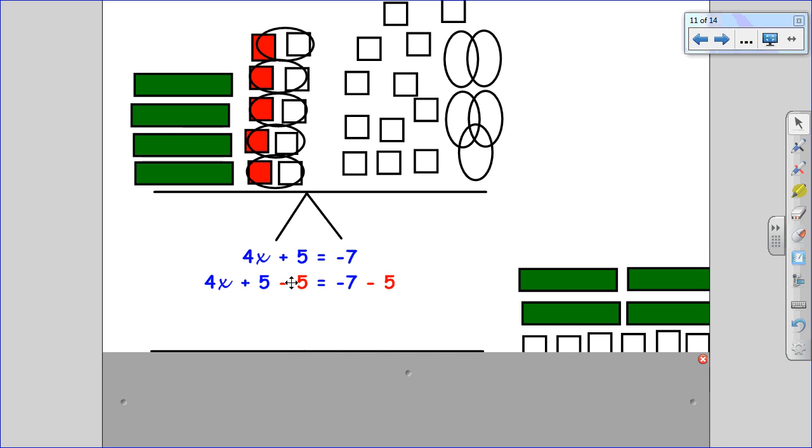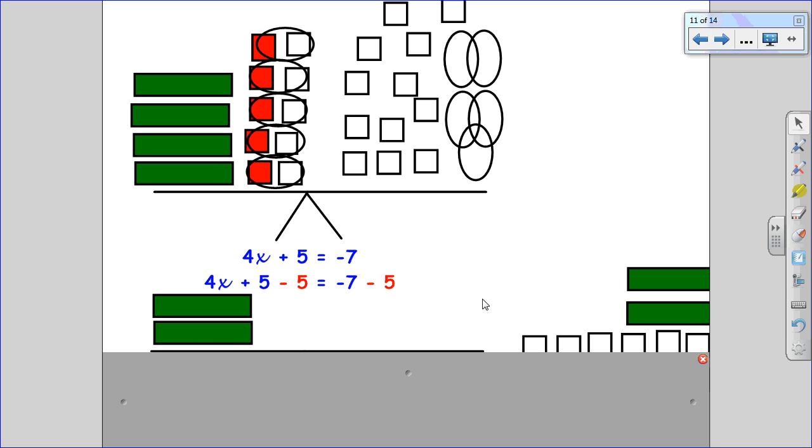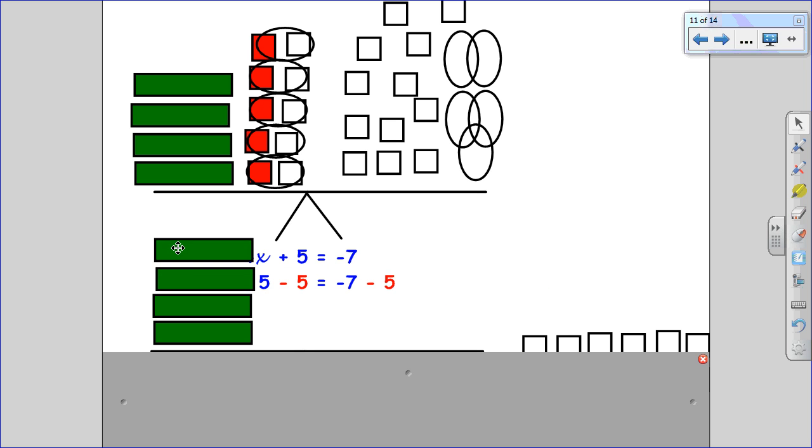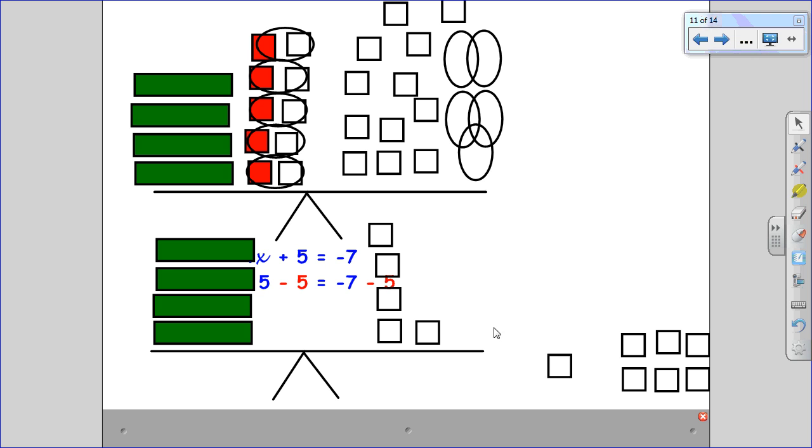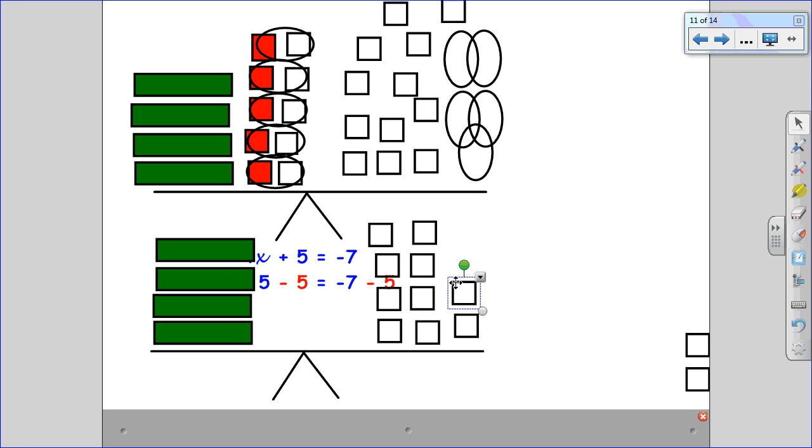So the first thing I did was add the opposite of the constant term. And now I've got my 4 x's left. Uh-oh. I'm running out of space here. Because I really do want to stack these because I've got 4x is negative 12. And I'm going to share those negatives with each of my x's. 4, 5, 6, 7, 8, 9, 10, 11, 12.